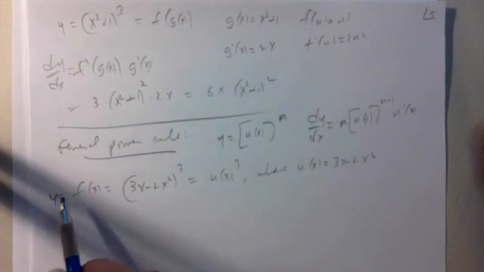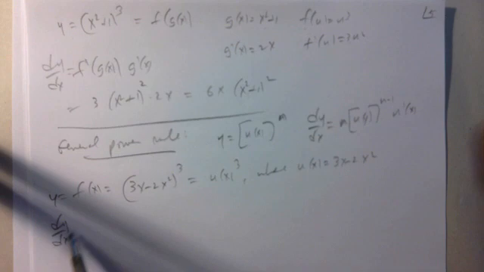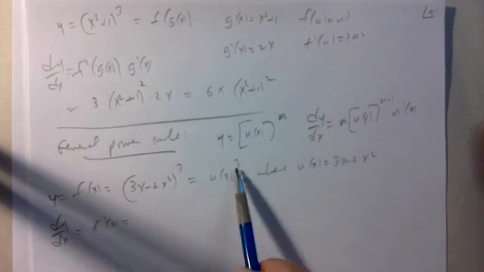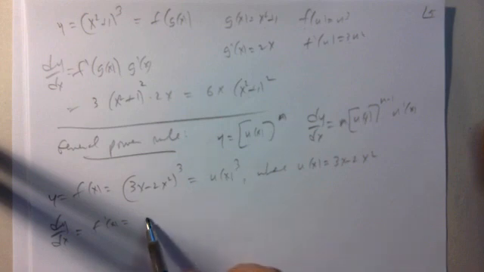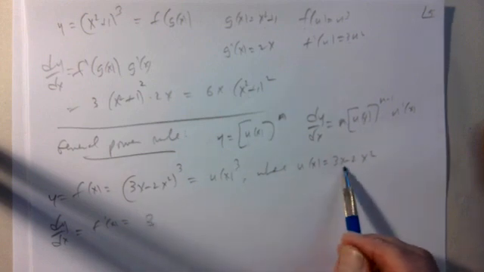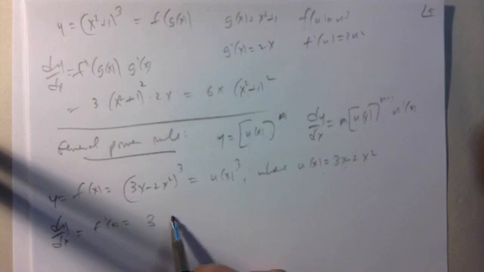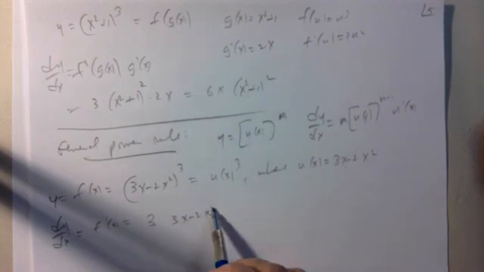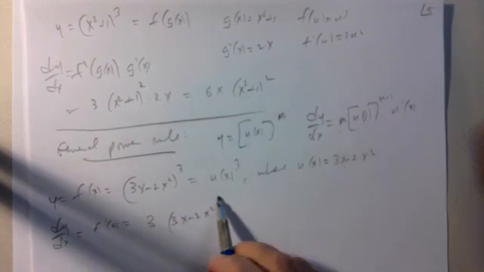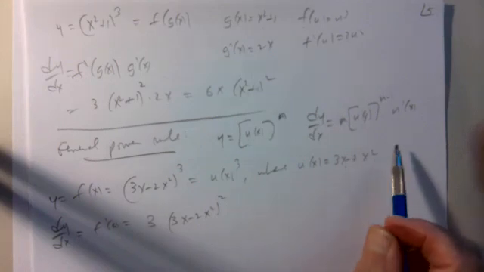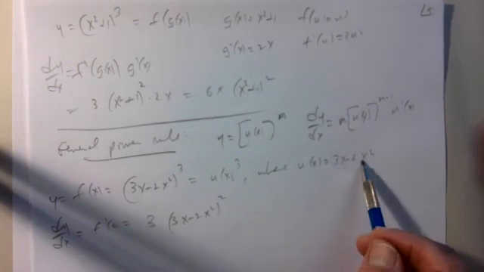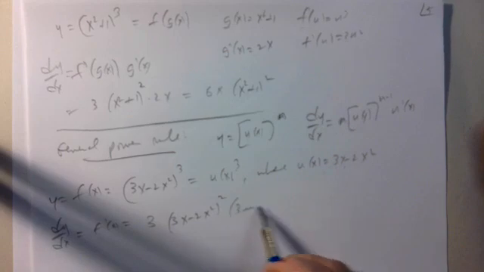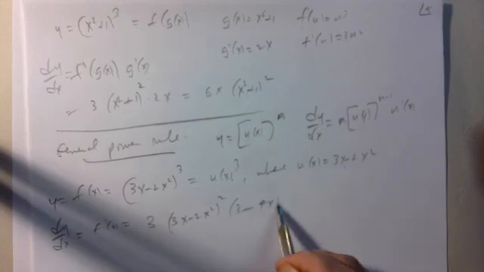So this is my y. dy dx, or f prime of x, where n is equal to 3, is 3 times u of x to the n minus 1. 3 minus 1 is 2. u prime of x, the derivative of u, is 3 minus 4x.